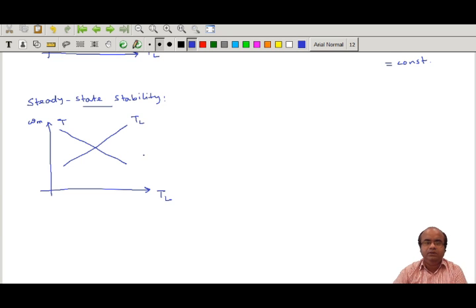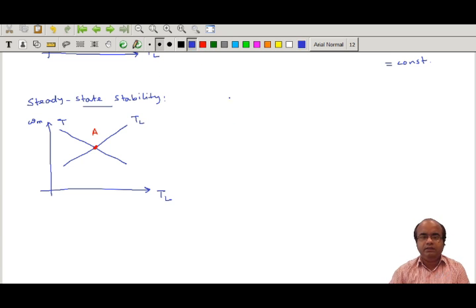Obviously at the steady state operating point, load torque and motor torque are the same. This is the steady state operating point A.